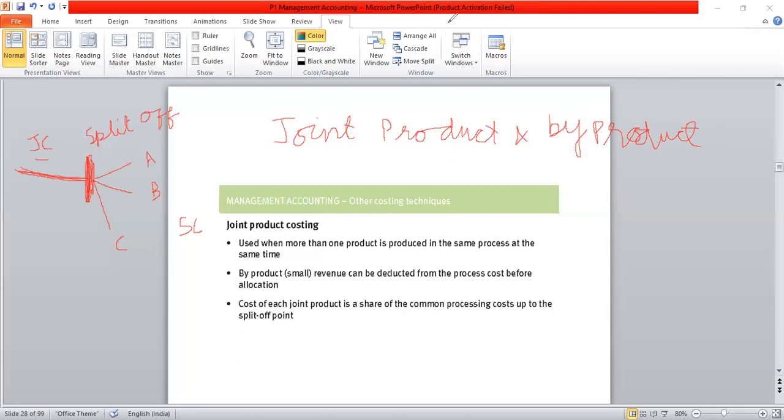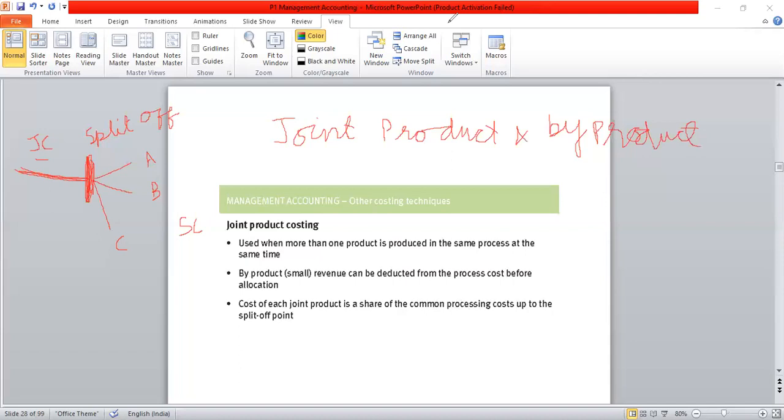If the production is taken up to produce products which have more or less equal importance, and the intention is also to produce those products, we call such products joint products.